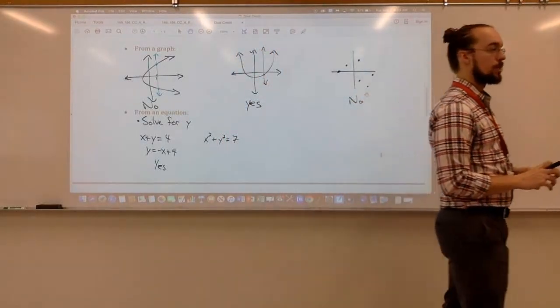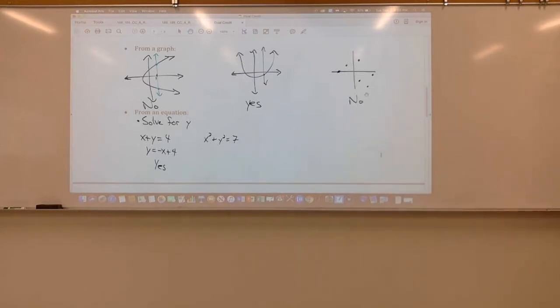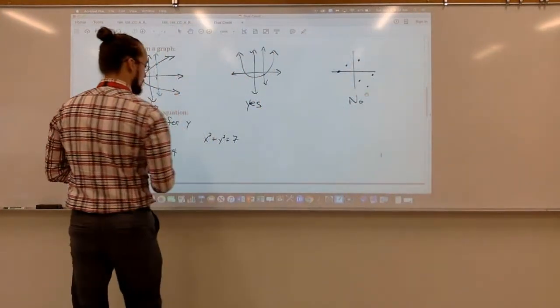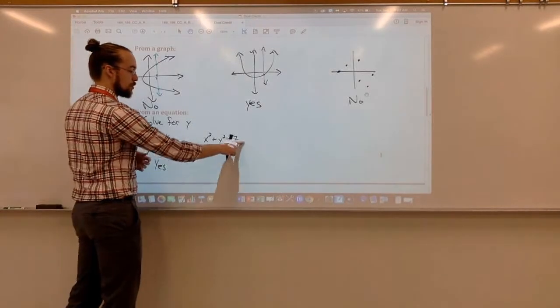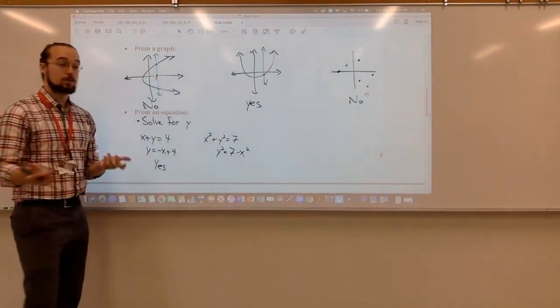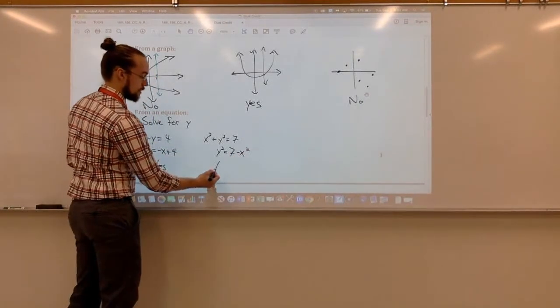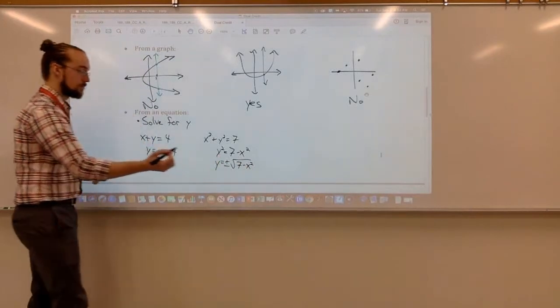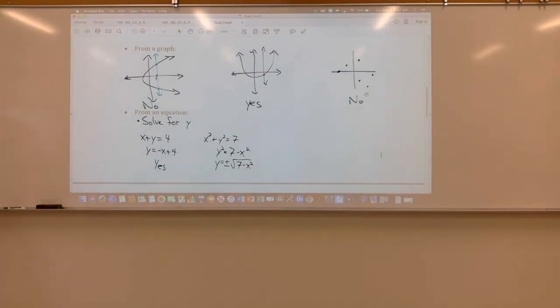How about this? x squared plus y squared equals 7. So solve for y first. Subtract the x squared over, and take the square root. You get y equals plus or minus the square root of 7 minus x squared.